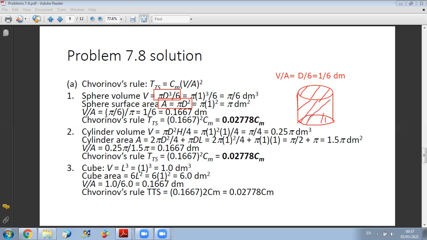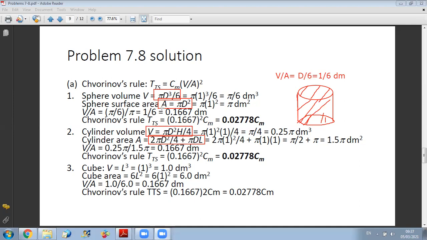So first, to calculate the volume, it is pi d squared times height over 4, while to calculate the area, it's 2 pi d squared over 4 plus pi d L. They gave us the height and diameter to be 1 decimeter. So if we do the calculation, we can find the ratio V over A. And as you can see here, we obtained equal values.